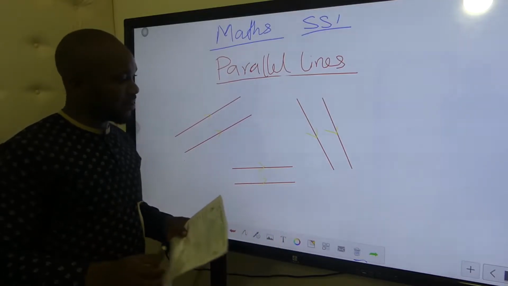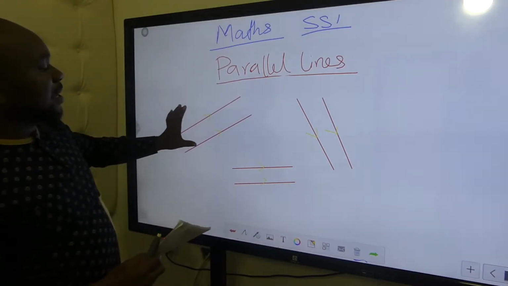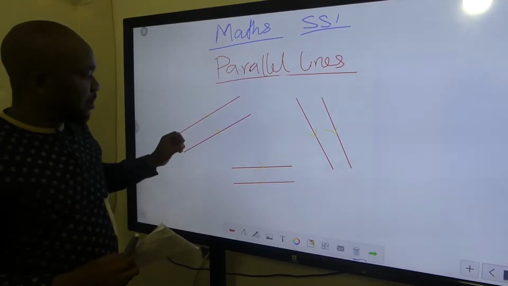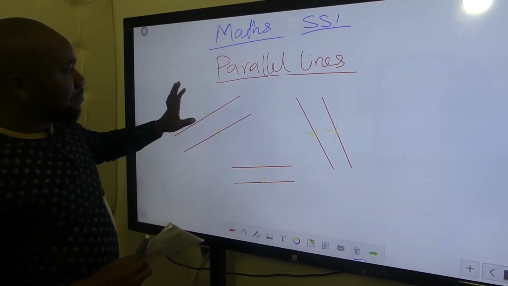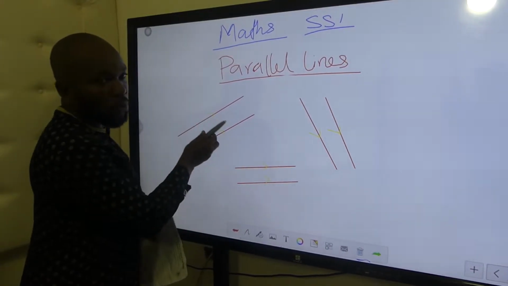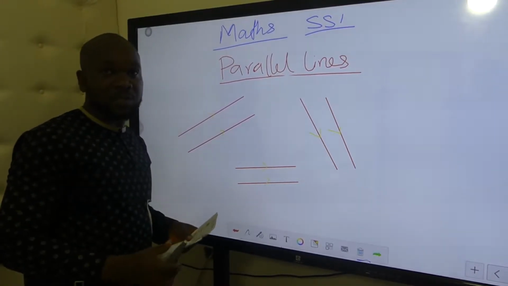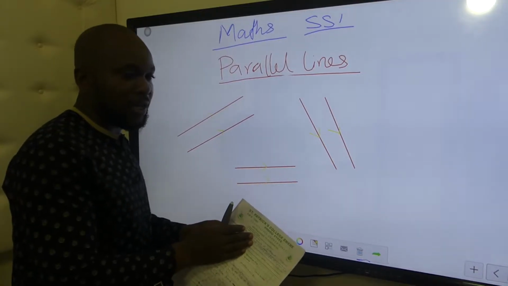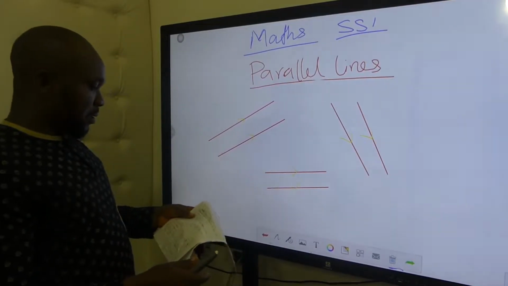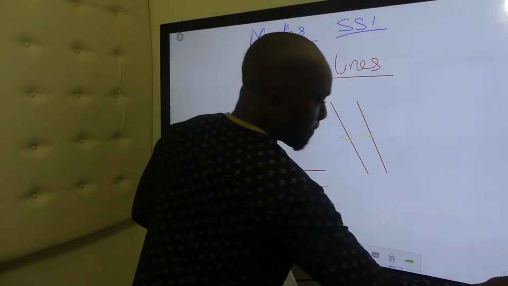Parallel lines. Though the arrows are pointing towards different sides, they are still parallel lines because they maintain equal distance to infinity. They can never come together, they can never expand.